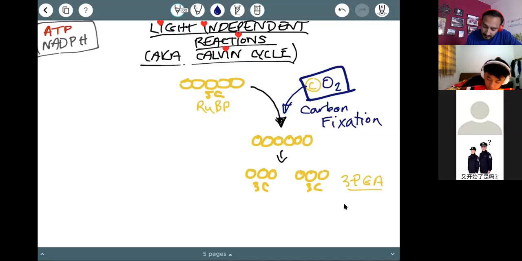You are fixing that carbon onto an existing molecule. Carbon fixation. So through carbon fixation, you end up with these 2 molecules of 3 carbon called 3-PGA.